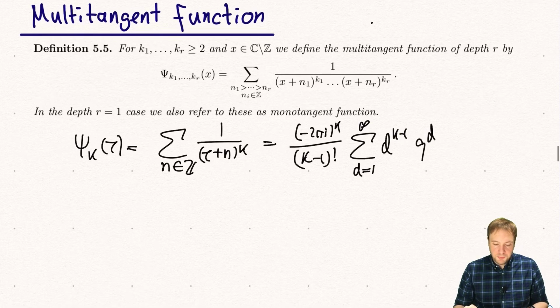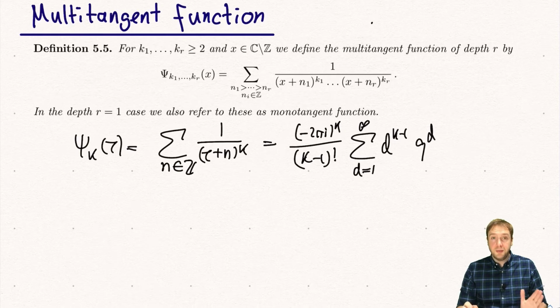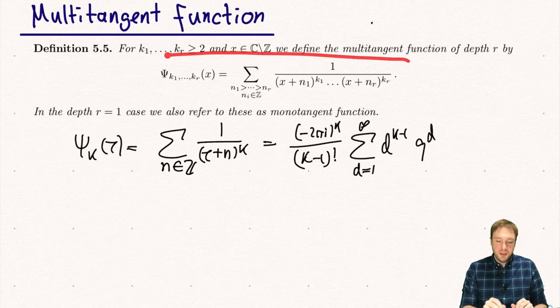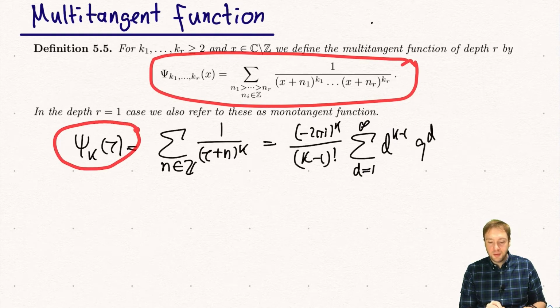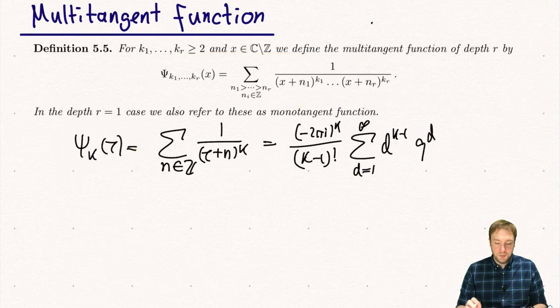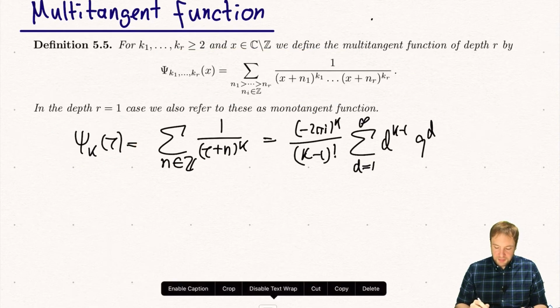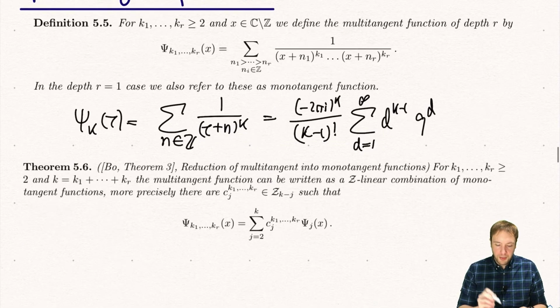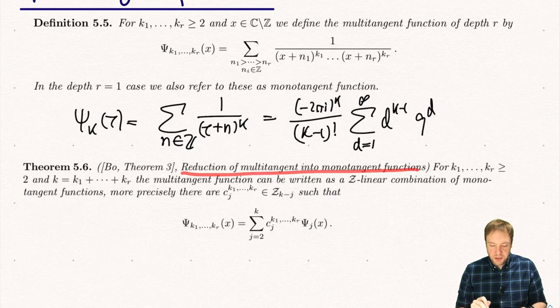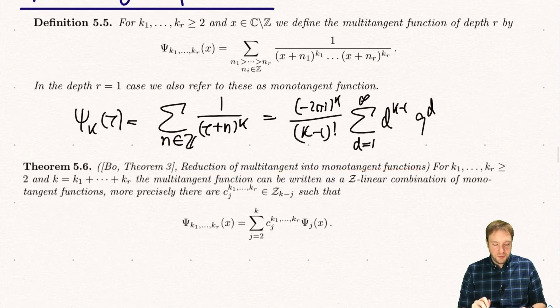And so the main result we need is that these multitangent functions can always be written in terms of these monotangent functions, with coefficients given by multiple zeta values. And this is the statement of the following theorem due to Olivier Bouillot. So this is the so-called reduction of multitangent into monotangent functions.